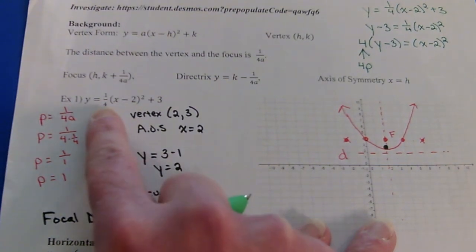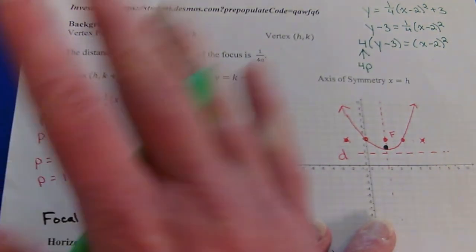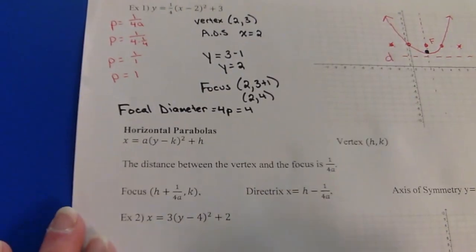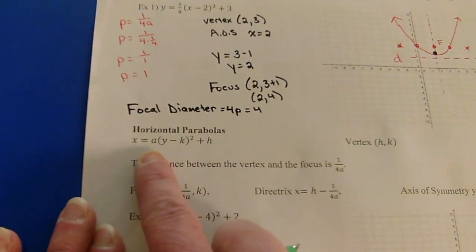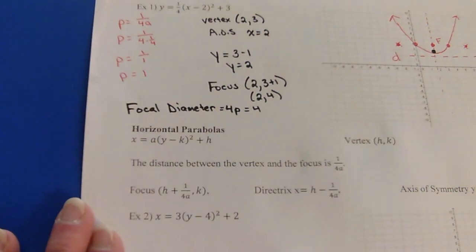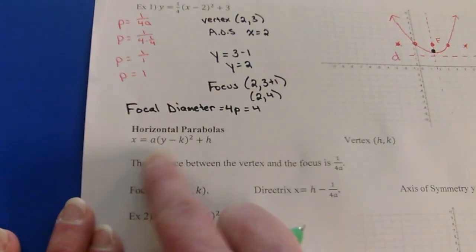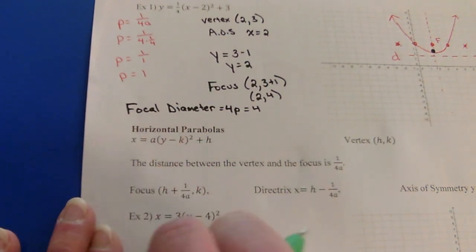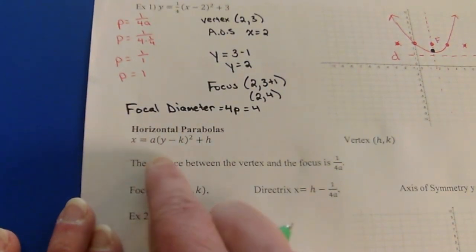Now, if the number in front had been negative, we'd be pointing down instead of pointing up. But if it is rearranged where it is x equals y squared, this is going to be a horizontal parabola. And if a is positive, it's going to be opening to the right.